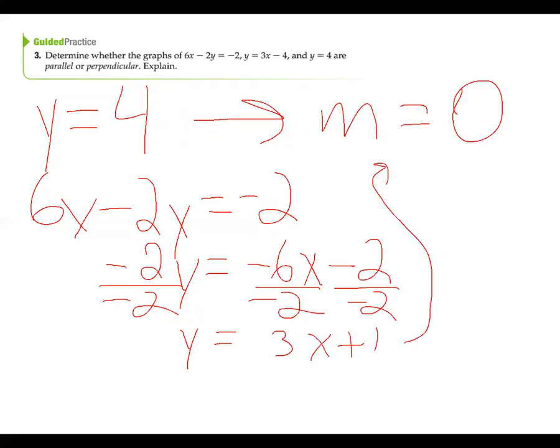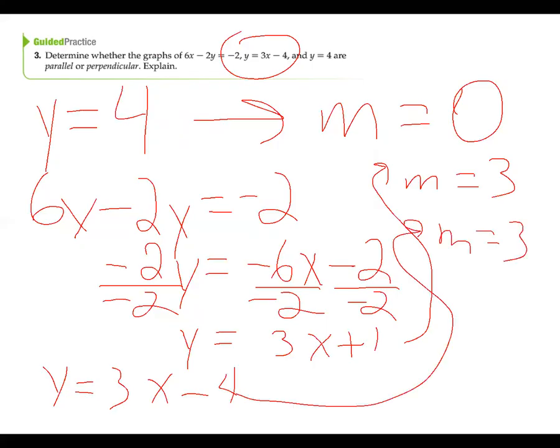So that has a slope of 3. And then the third equation, y equals 3x minus 4, is already solved for y, so its slope is 3. So I know that the first two equations have parallel slopes because the slopes are the same.